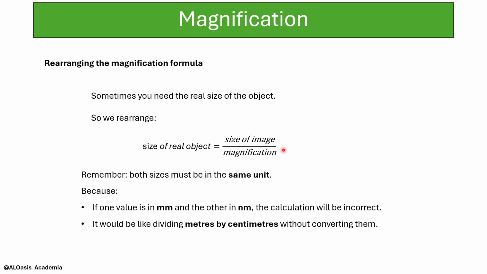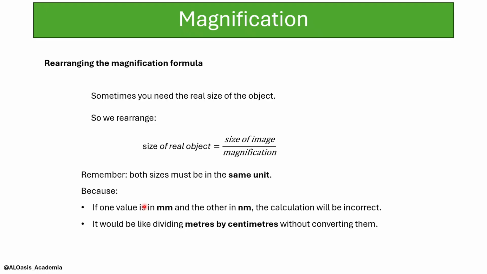One of the very common traps that students fall for is that they do not make sure that the units are the same for the size of the image and the size of the object. Always make sure that both are in the same unit. If the image size is given in millimeters, you need to turn the real object size into millimeters as well.